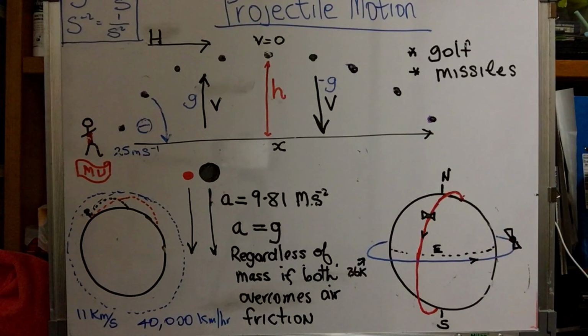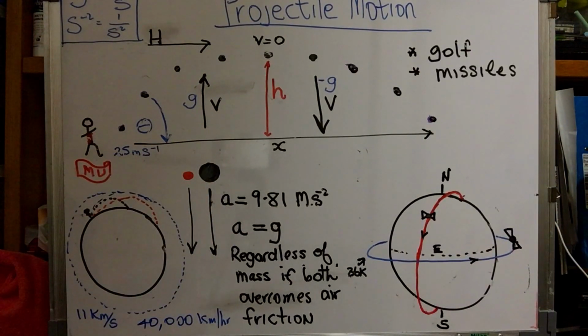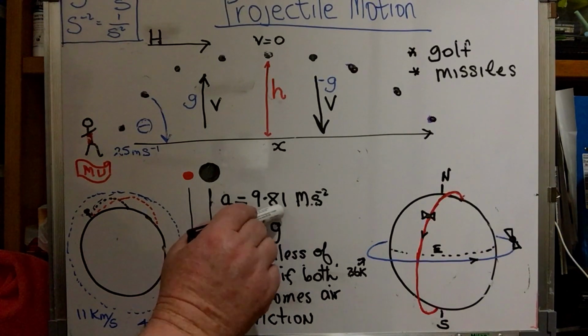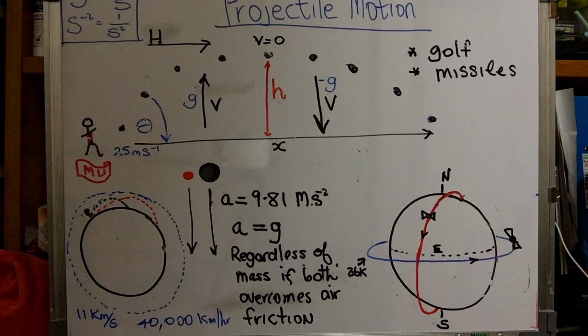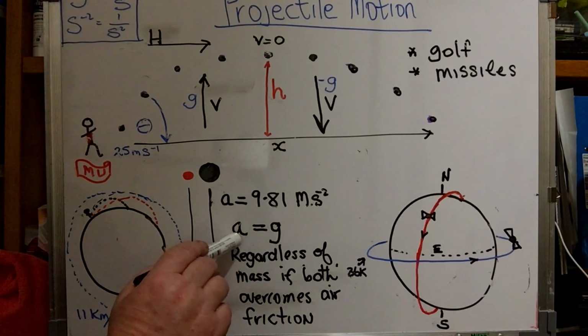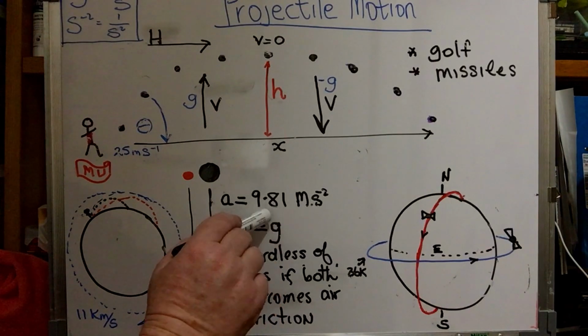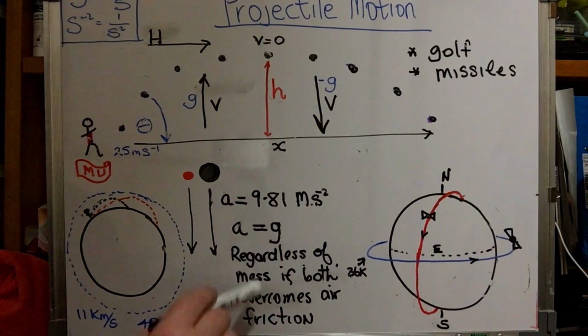Why do they hit the floor at the same time if they are different mass? That is because everything accelerates to the ground at the same rate, 9.8 meters per second squared. Okay, this is the acceleration, and acceleration due to gravity is little g. So little g, 9.81.